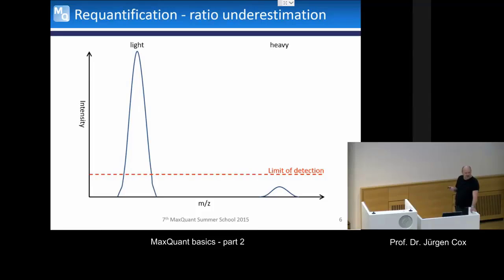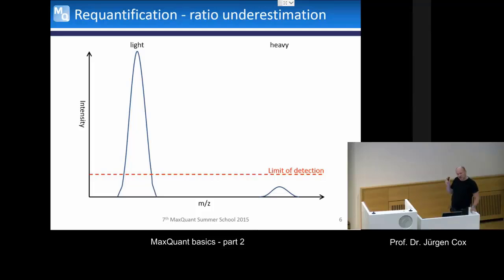However, then there are two things that can happen. Either there is nothing there even after requantification, or, assuming the real peak is below the limit of detection, it can still happen that there is just by chance some noise peak there.